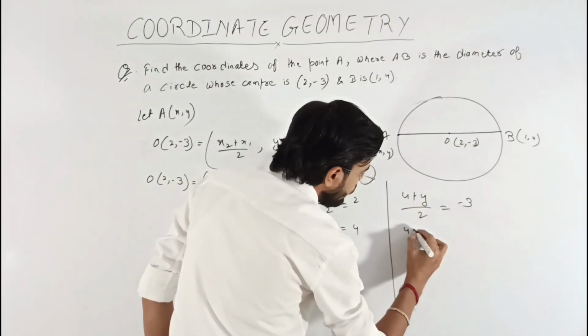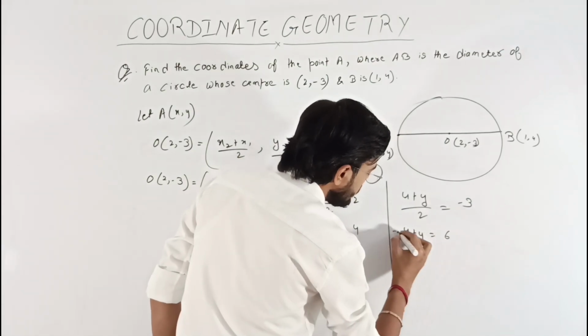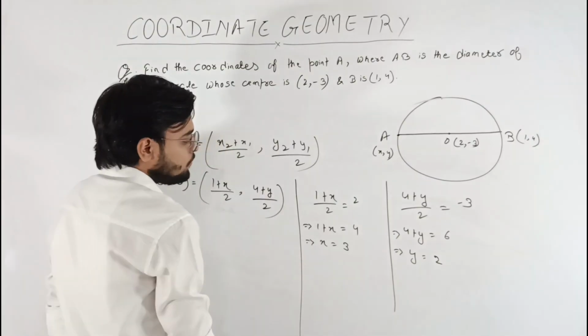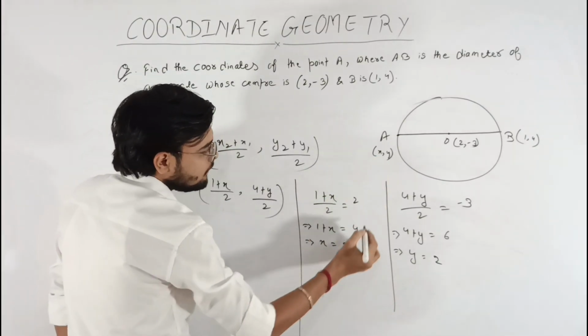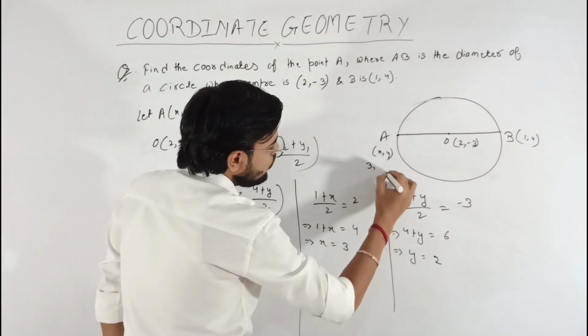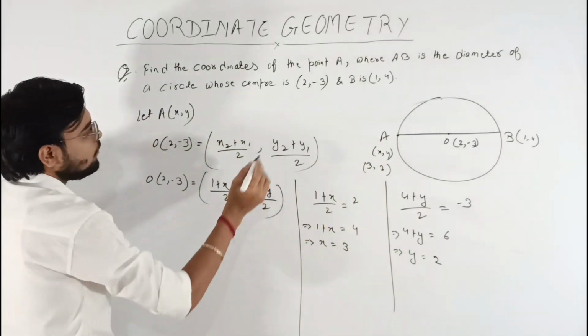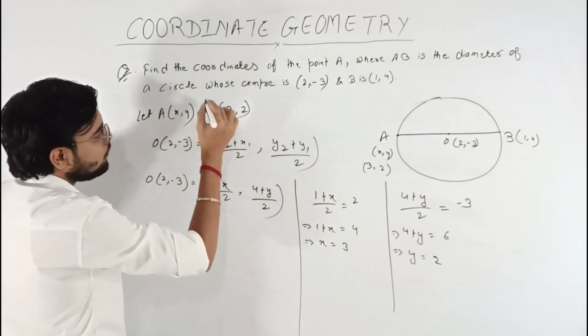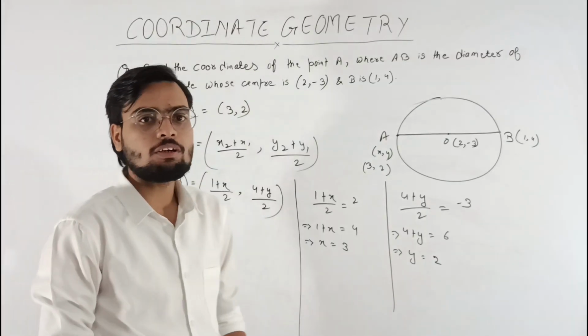Now from here 4 plus y is equal to minus 6, so y is minus 6 minus 4... as per the board, y is 2. So in A, x is 3 and y is 2. So the coordinates of point A, x, y, are 3 and 2. Understood? Let's see one more time.